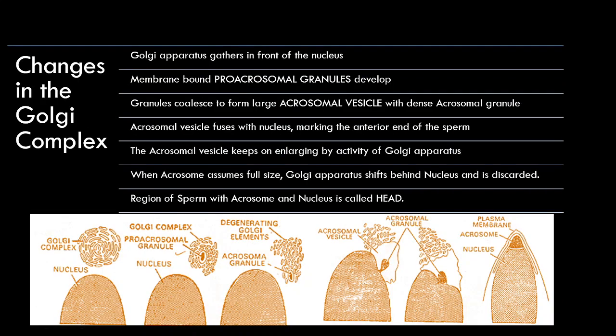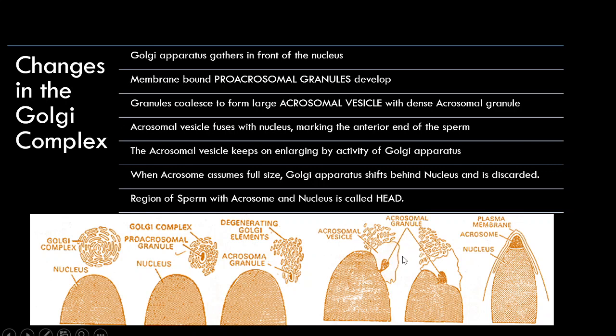Now what happens in the Golgi complex? First of all, the Golgi complex gathers in front of the nucleus. It forms a proacrosomal granule which has a membrane around it. Many such granules are formed, and these granules fuse to form the acrosomal granule and the acrosomal vesicle.